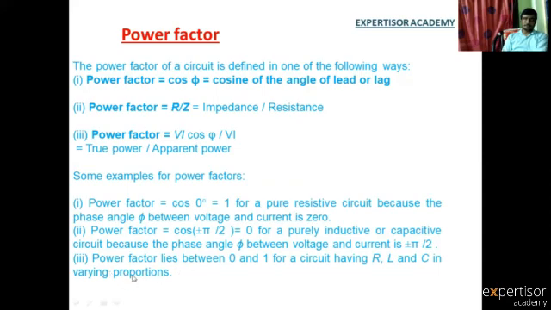Third example, the power factor lies between 0 and 1 for a circuit having RLC in varying proportions.